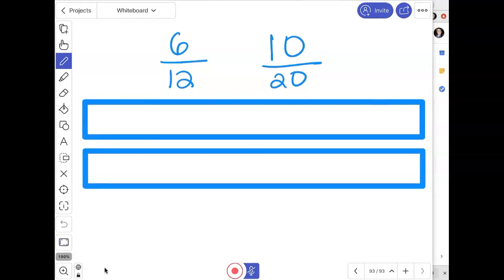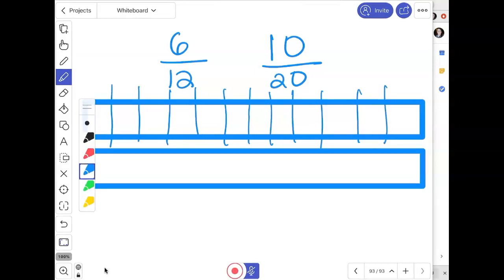Okay, 6/12 and 10/20. So I'm going to break my top one into 12ths. Why did I pick these numbers, you ask? What a great question, I wonder. Let's see. Nope, not really equal. Okay, that's sixths. So if I cut each one of those, it'll make 12ths. And I'm going to shade in 1, 2, 3, 4, 5, 6. Okay.